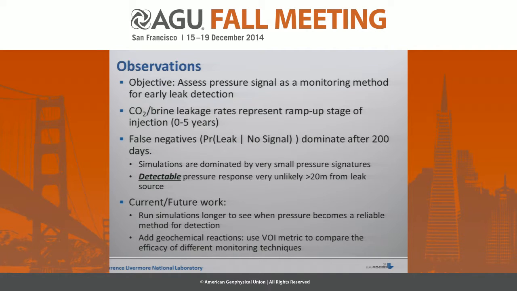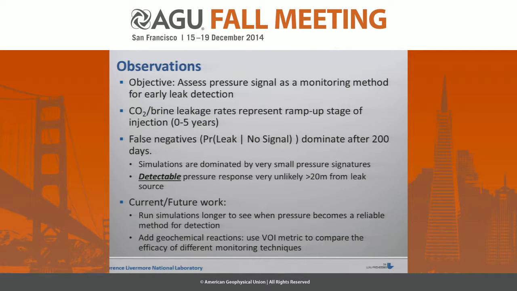So in summary, some of our observations, again, the objective was to assess pressure signal as a monitoring method for early leak detection. And we used CO2 and brine leakage rates from a previous study for a longer term leakage rate scenario. And so here we're using just the ramp up stage of injection.